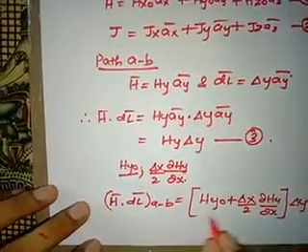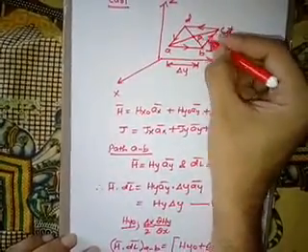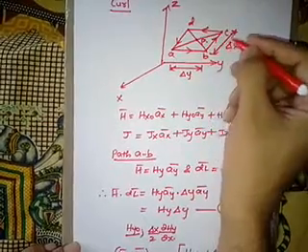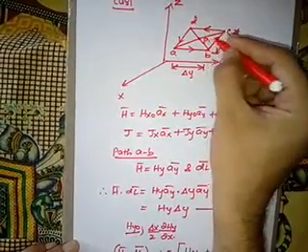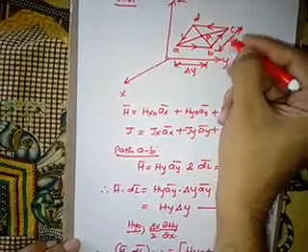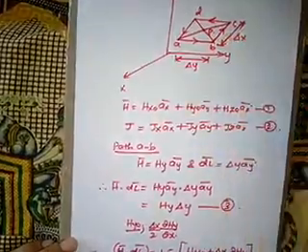It is taken as the component at the origin, Hy0, plus the rotating or circulating component with respect to x multiplied by delta x by 2, that is the perpendicular distance, the distance of AB from point P. It is the x distance, they are parallel in three dimensions. This distance will be exactly half of delta x, that is delta x by 2, the distance of AB from point P.